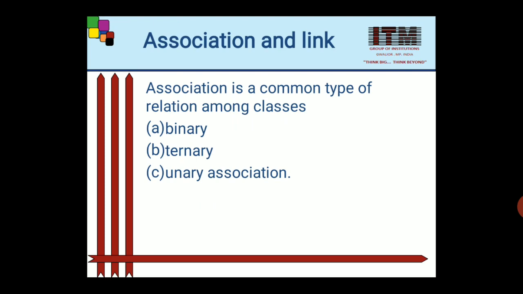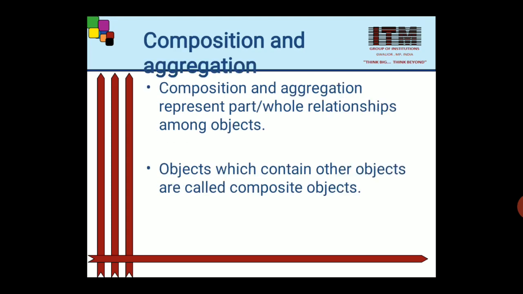Next one is compositions and aggregations. Composition and aggregation represent the part and whole relationships among objects. The object which contains other objects is called the composite object.